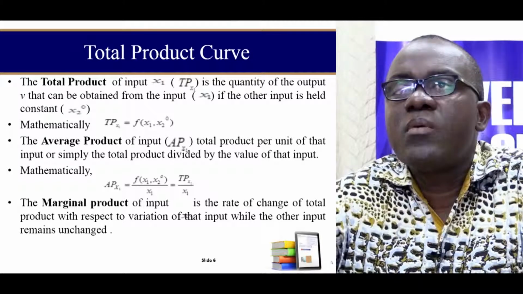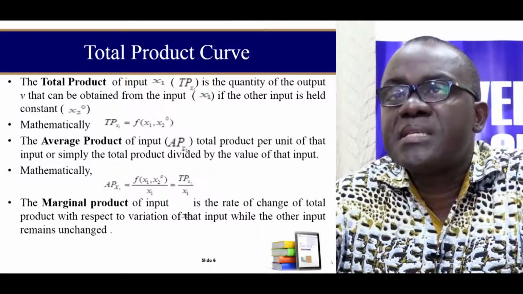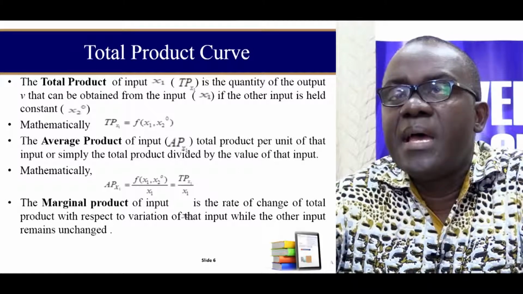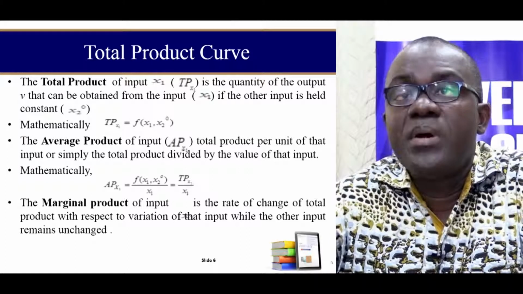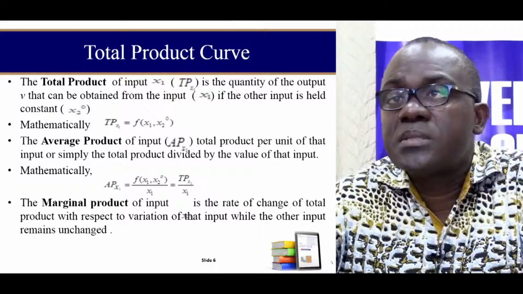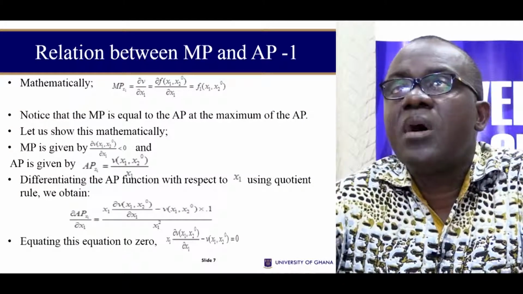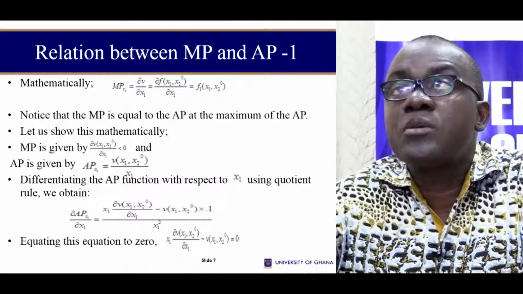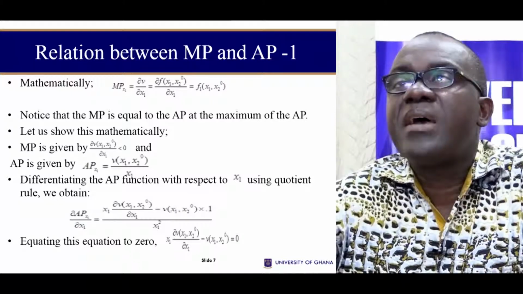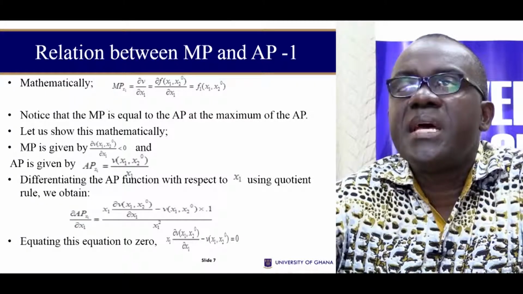In the same way, the average product of input x1 is the total product, with x2 kept constant, divided by the x1 over here, which is the variable. In the case of marginal product, we're talking about the derivative of the total product function with respect to x1, while x2 remains constant.